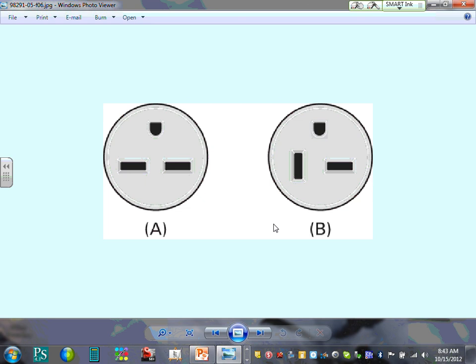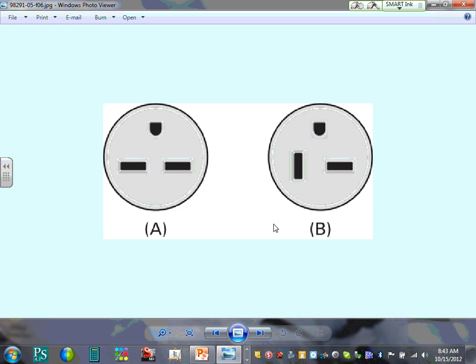And thank God we don't have to memorize that one, because you have NEMA. Which page are we on for the NEMA pages? That's NEMA, the first NEMA, 2.1.